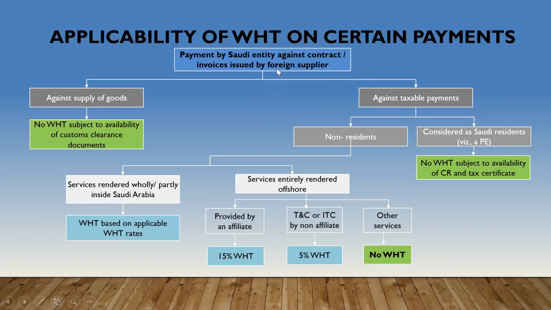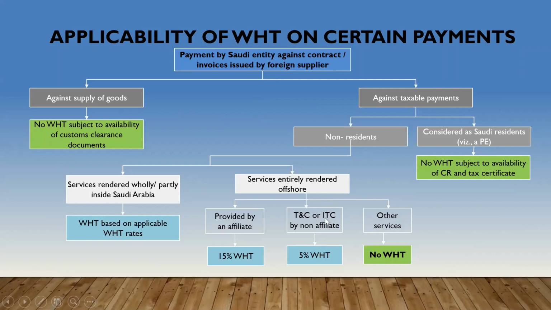If there's a contract with a non-resident for supply of services and that non-resident does not have a PE in Saudi Arabia, and the services are performed entirely outside the kingdom and the service provider is not an affiliated or related party, then we need to see if the nature of payment is for technical and consultancy services or international telecommunication services, then that payment would be subject to 5% withholding tax.